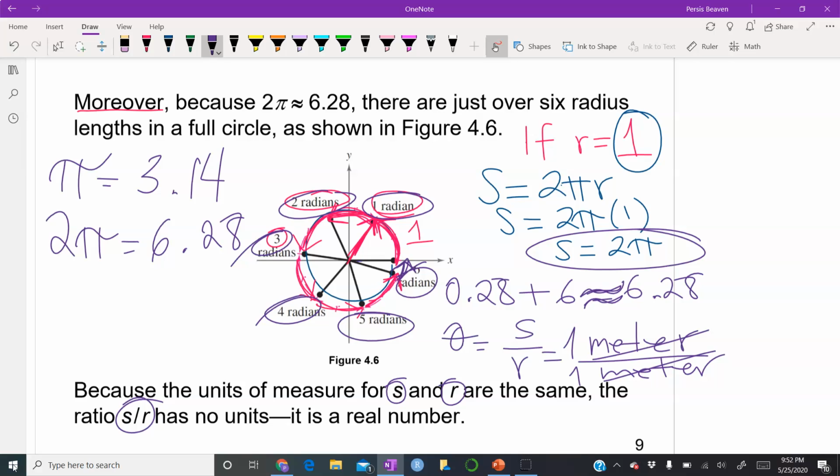And so that's why we could just say that that will equal to 1 radian. And that will be the angle measure. A lot of these things will make more sense once we start covering examples.